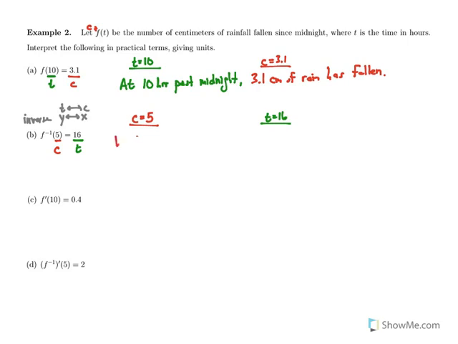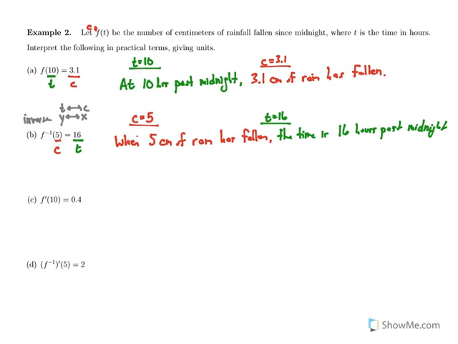That's saying when 5 centimeters of rain have already fallen, we can say the time is 16 hours past midnight. And that seems kind of like a more awkward way of saying it, but again, that's the idea of the inverses. We're switching the roles of T and C.